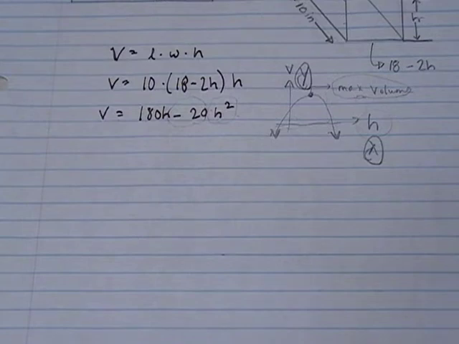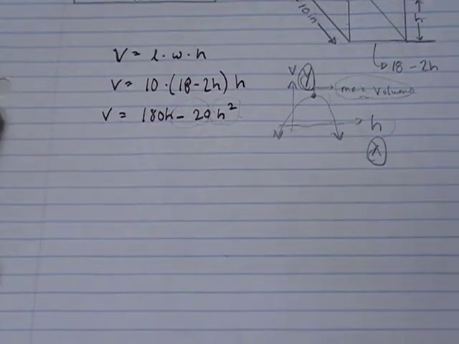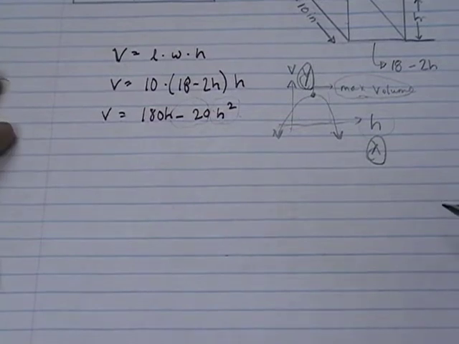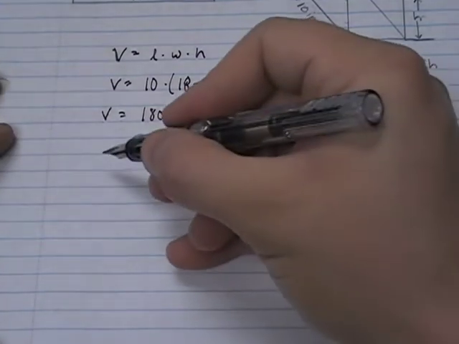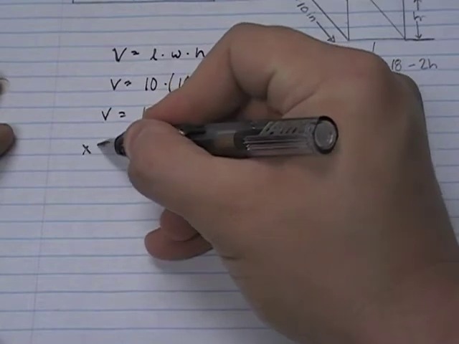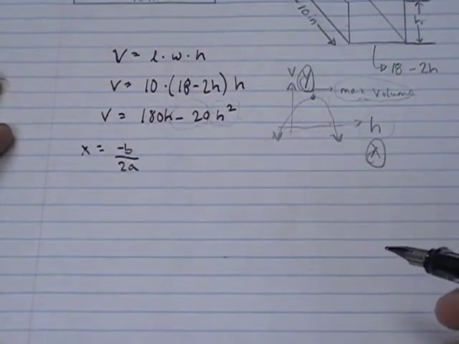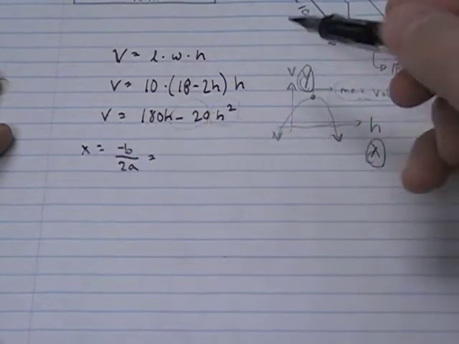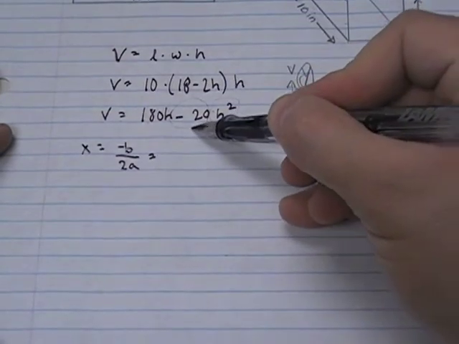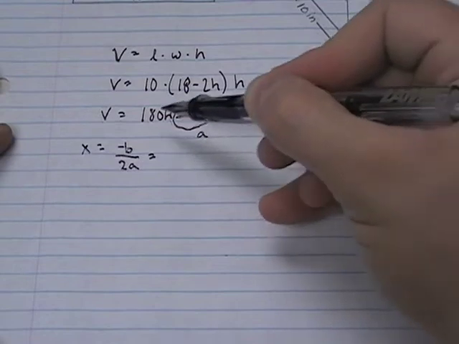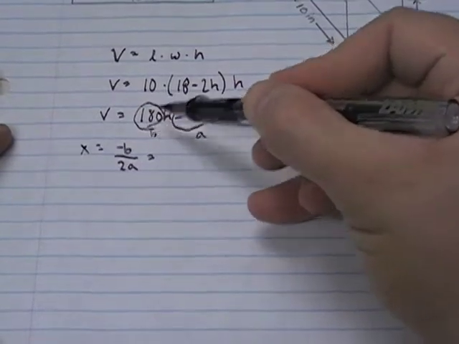How do we find this? Well, if I ask you to find the x-coordinate for a quadratic in expanded form, you could very simply use a fun little formula which says x equals negative b over 2a. And this comes from completing the square. And I look at this and I say, well, this would be a, and this would be b.